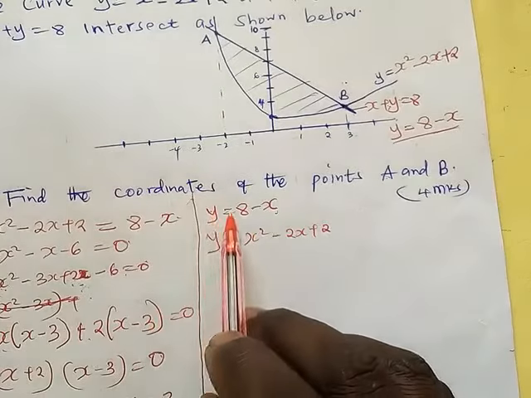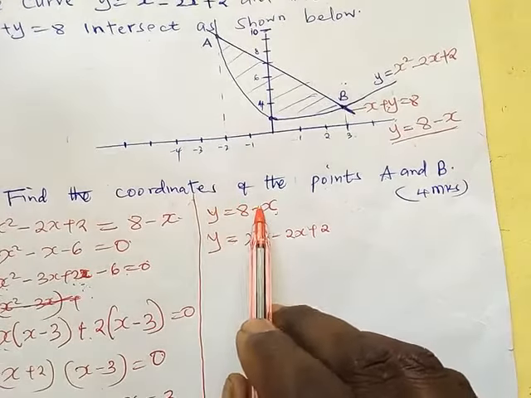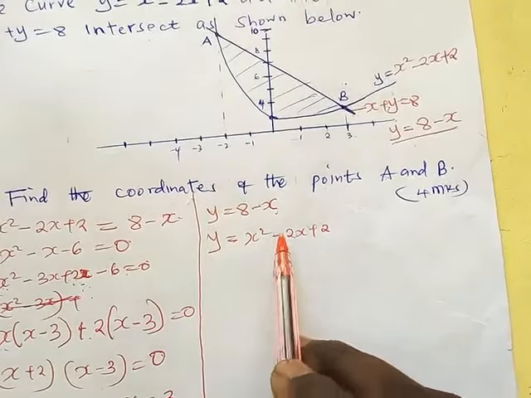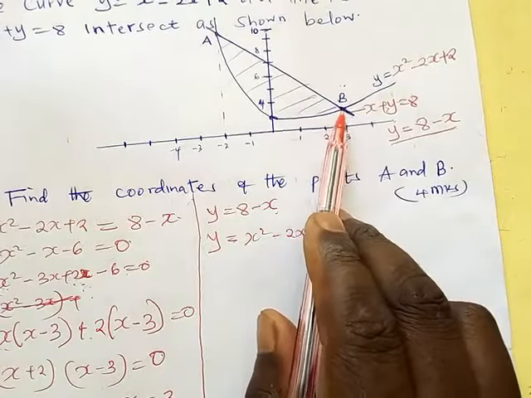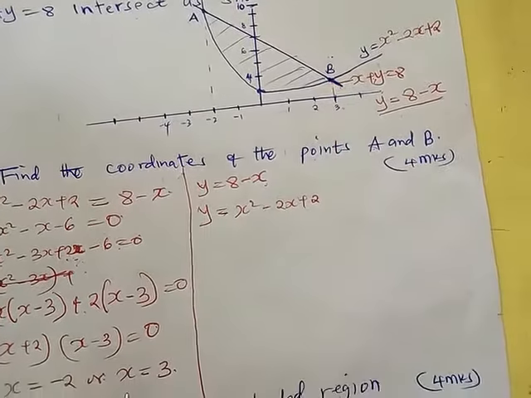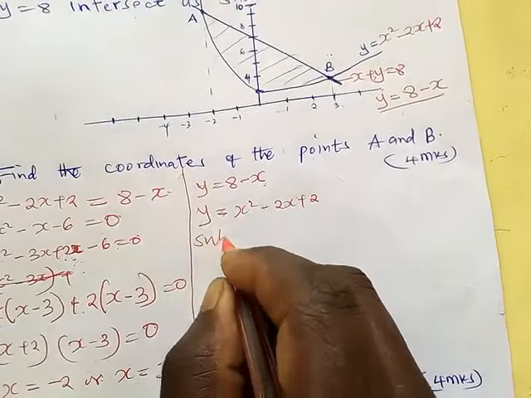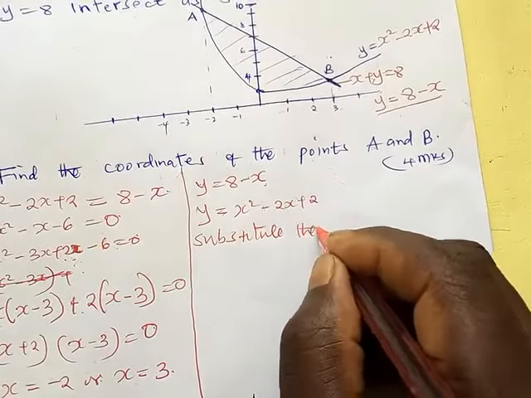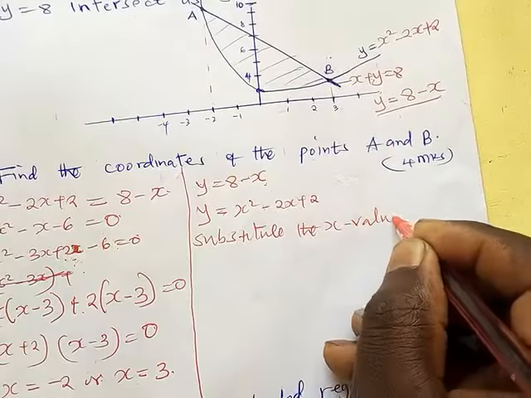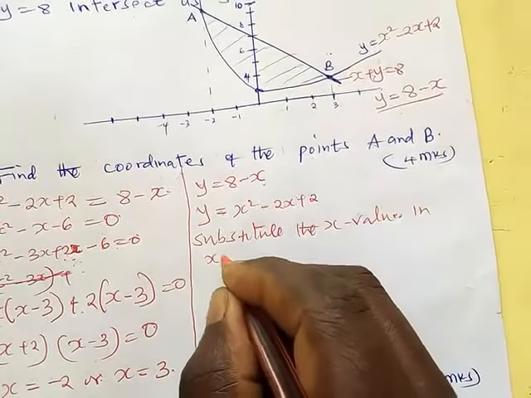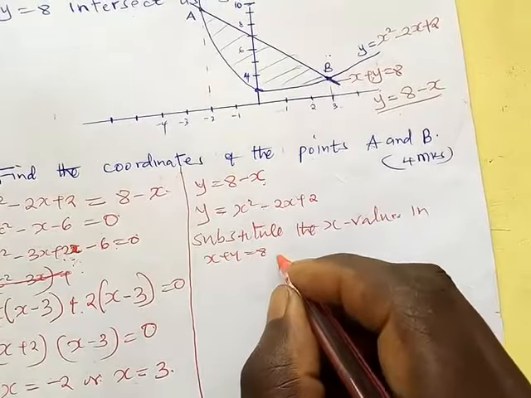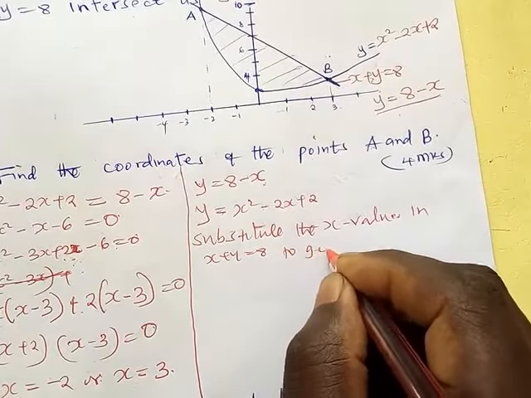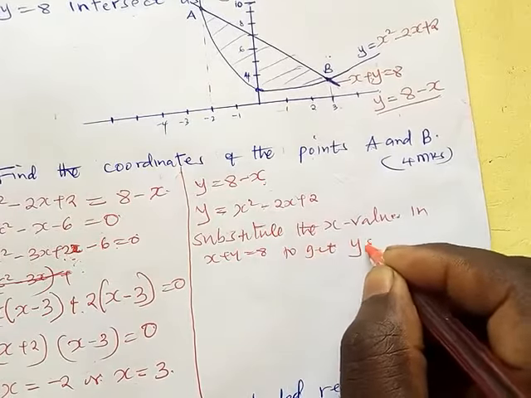When you substitute the value of y here, the value of y must be the same at a given point. It must be the same. So substitute the x values in x plus y is equal to 8 to get the y's respectively.